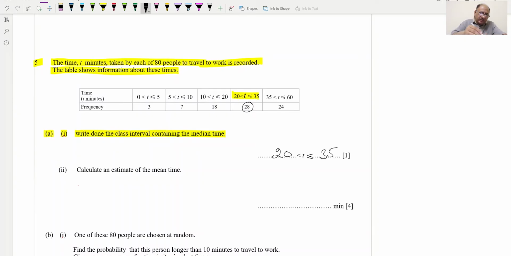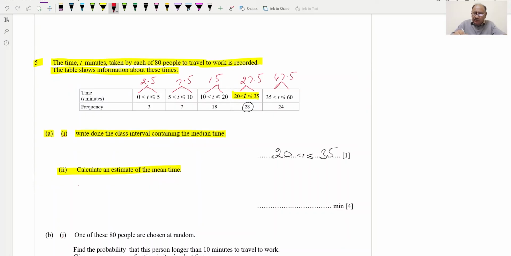Then the second part says calculate an estimate for the mean value. For the mean value we can take the midpoints of these class intervals, which are 2.5, then 7.5, then 15, then 27.5, and the midpoint of this last one will be 47.5.